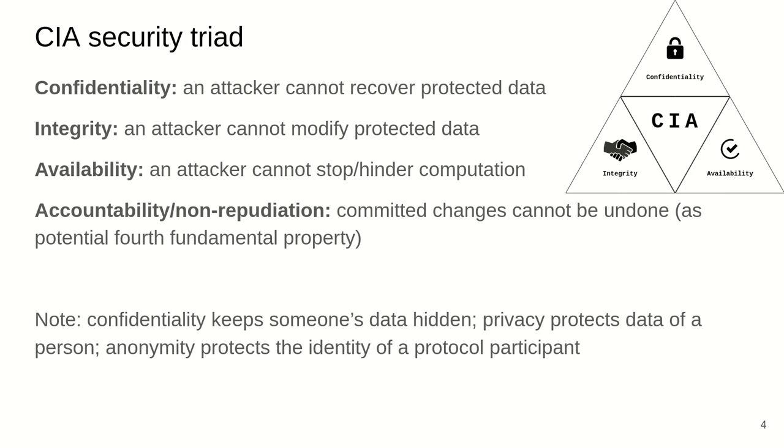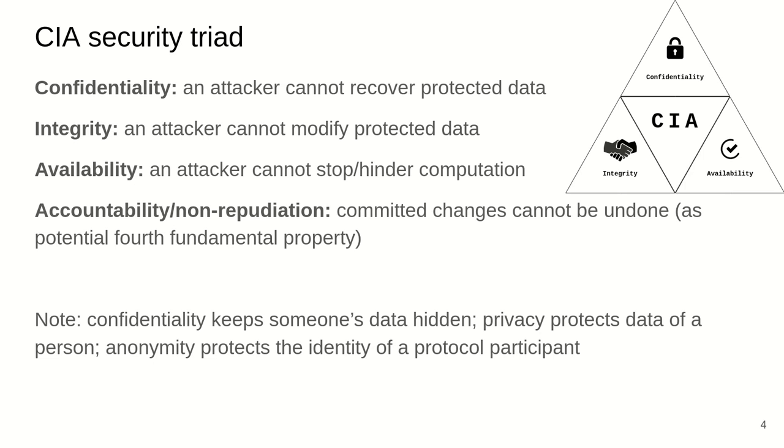The original CIA triad focuses on 3 dimensions: confidentiality, as in the attacker cannot recover any kind of protected data. On the example of the mail server, it would be the attacker cannot read any mails of other users that the attacker shouldn't be able to read. Integrity, as in the attacker cannot modify protected data.